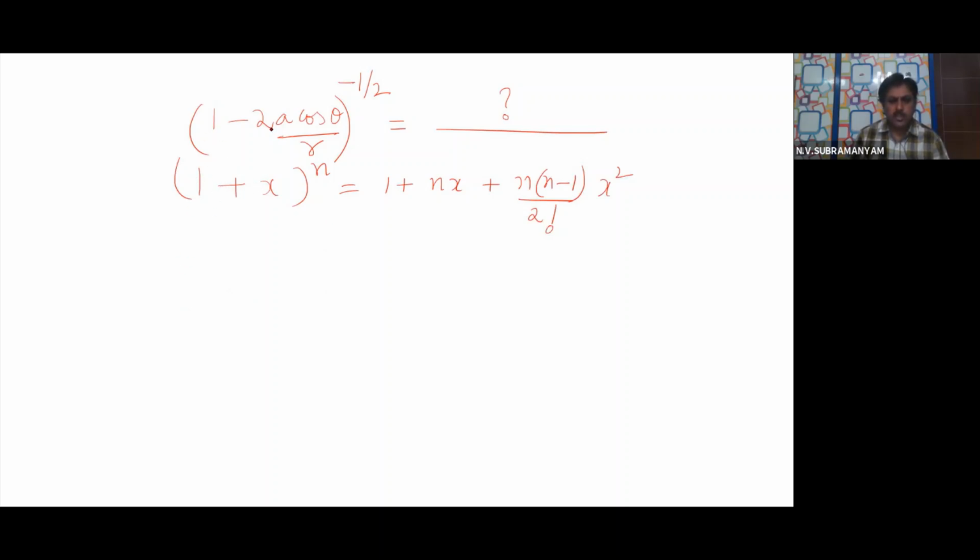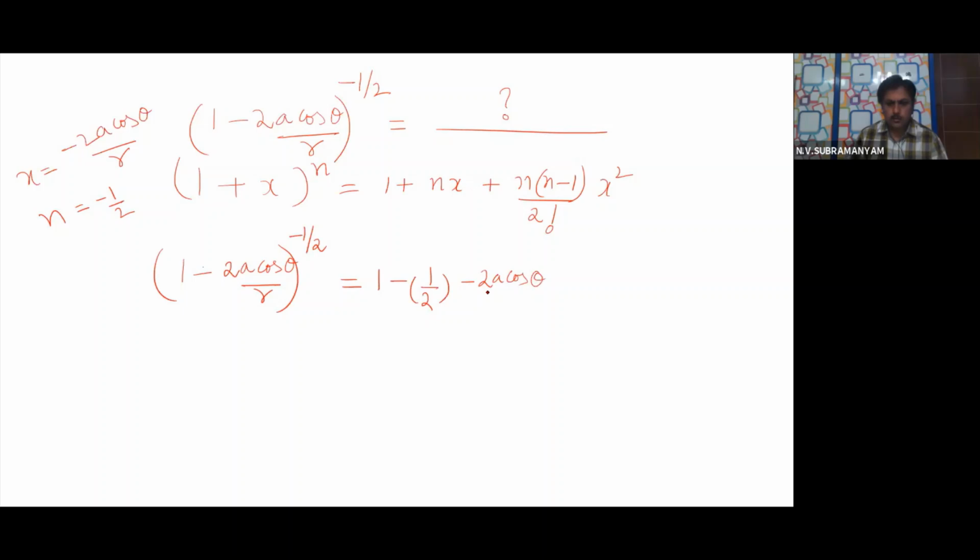Now substitute. 1 is 1, x is minus 2a cos theta by r. Then what will we get? 1 minus 2a cos theta by r power minus half is equal to, and n value is minus half, 1 plus minus half into minus 2a cos theta by r.